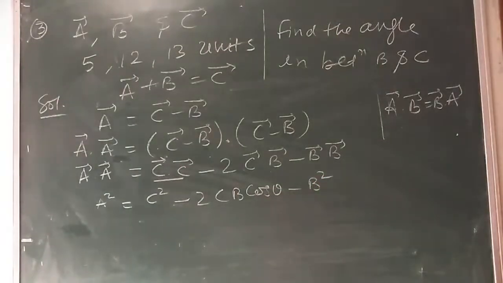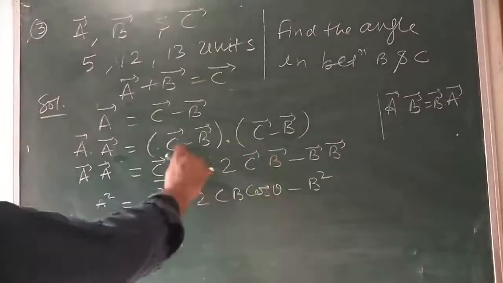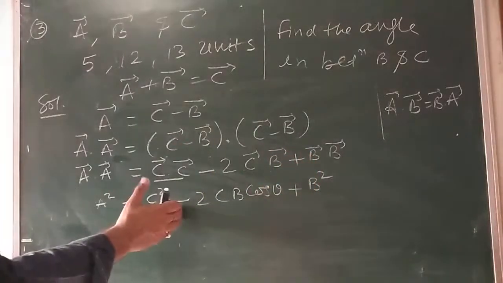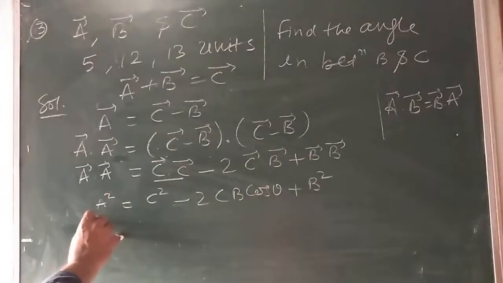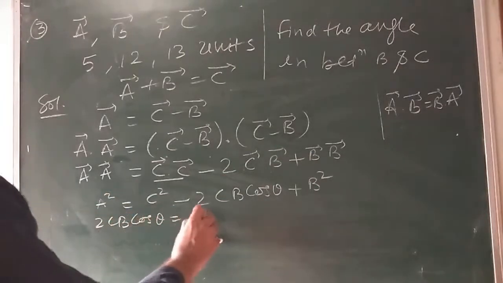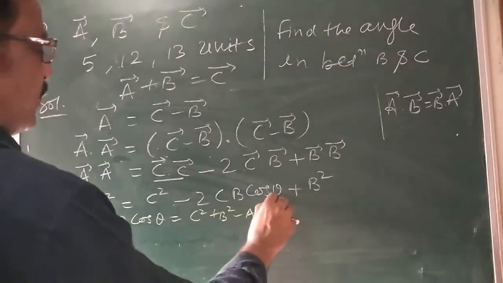So I can write here minus plus, sorry, here. You can write here A square, take it to the other side, and take this to this side: twice of CB cos theta is equal to C square plus B square minus A square.